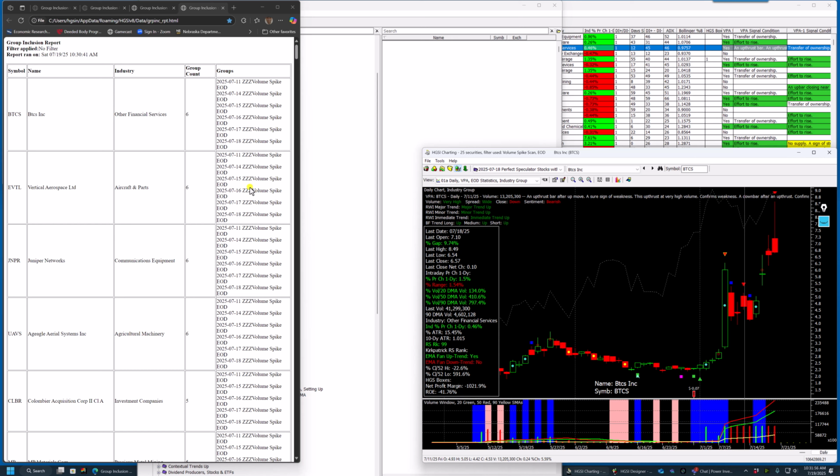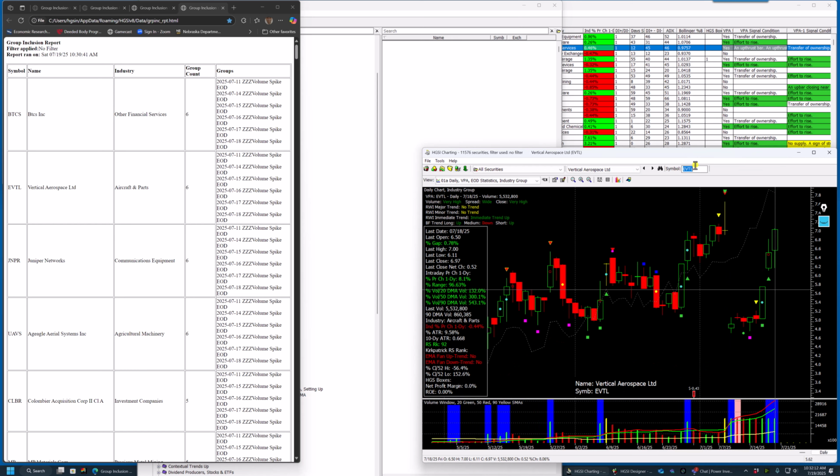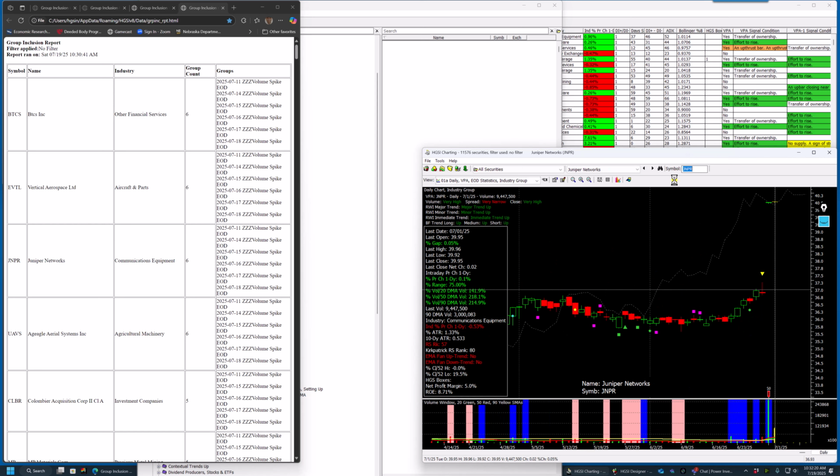Now I believe I've modified the filter to look only for positive closes, but I'm still experimenting with that. I may go back to this. Let's look at EVTL. Wow. 6 days in a row. Yeah, Juniper's a buyout.